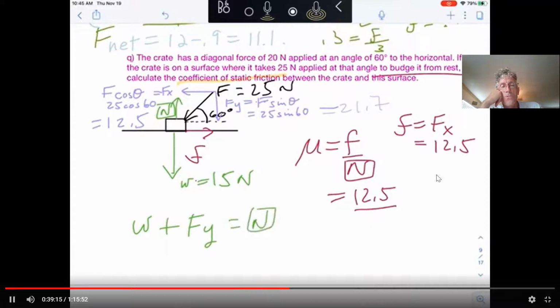So I'm going to plug those numbers in. I'm trying to find the N so I can find the coefficient of friction. So 15 plus, already found Fy, 21.7 equals normal force.